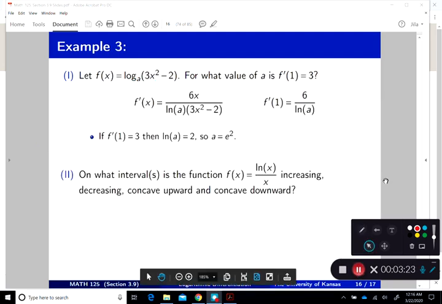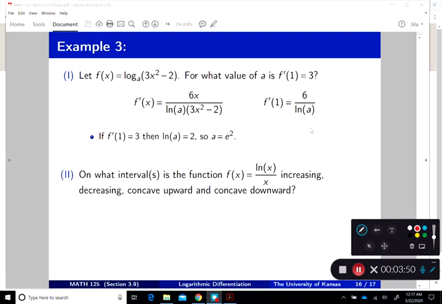The next question is asking to find in what intervals the function f of x equal to natural log of x divided by x is increasing, when is it decreasing, and when is it concave up, and when is it concave down. So the first step is we know that increasing and decreasing is just a question of where f prime is positive and where f prime is negative.